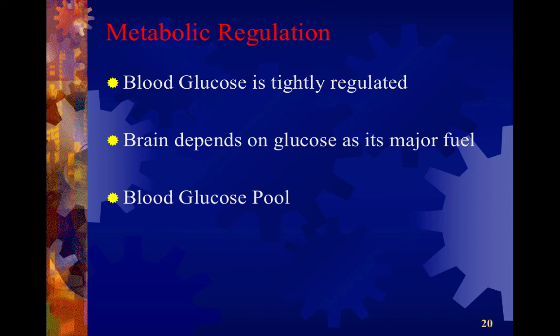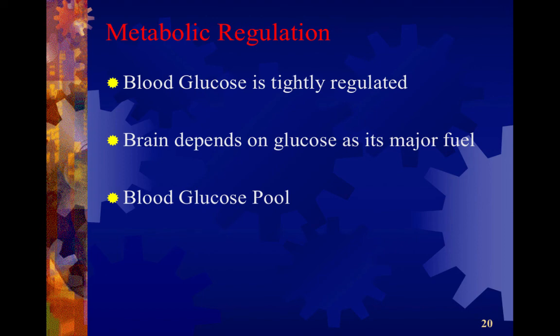Now, there is not a significant amount of glucose in the blood consistently. If you took that concentration of glucose in a fasting scenario and multiplied it by the amount of blood our body has, that would only give you about 16 grams of glucose in the blood glucose pool at any given time.